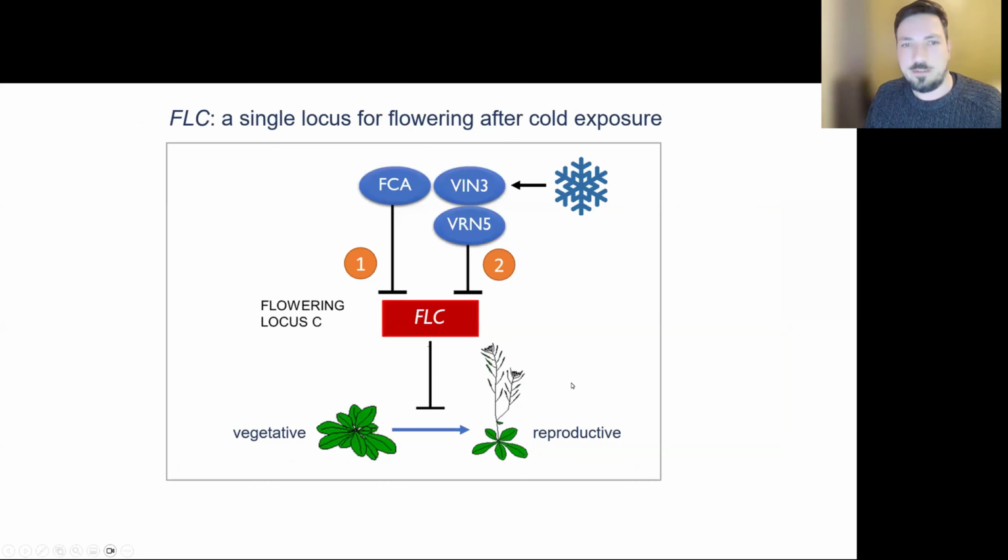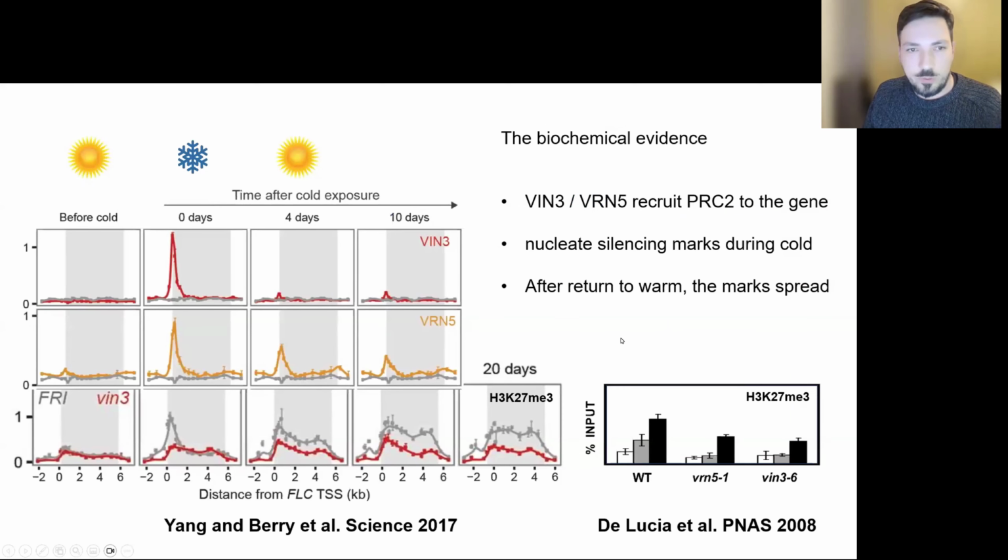So what are the candidates for these protein accessories that I was talking about? Well, VIN3 and VEL5 are known to be induced by cold, as opposed to a separate pathway for silencing FLC through the autonomous pathway. So if we look at the specifics of these two proteins, we know that there's a huge amount of biochemical evidence that shows that they localize to FLC at the appropriate time.